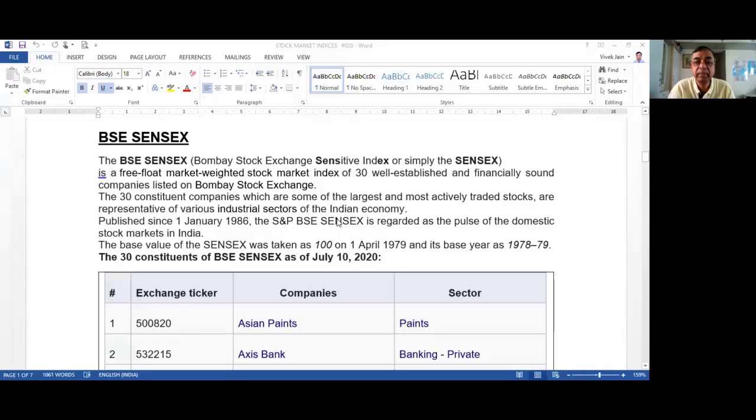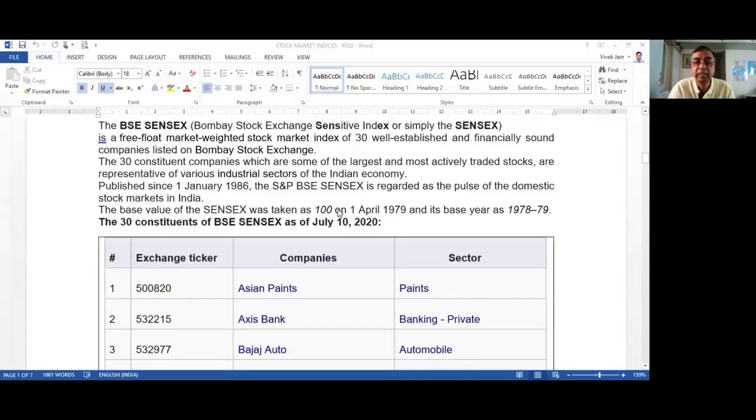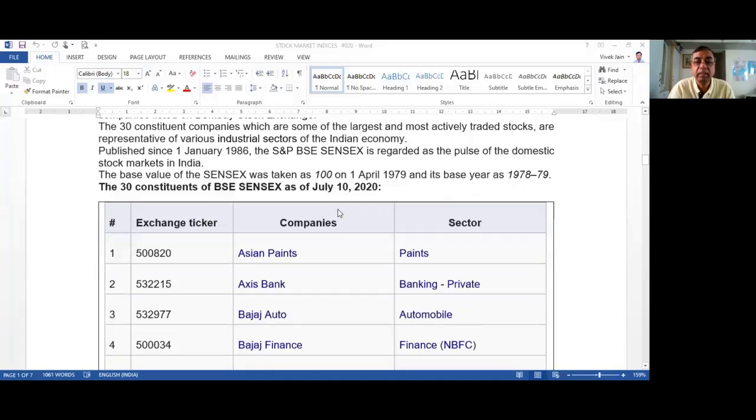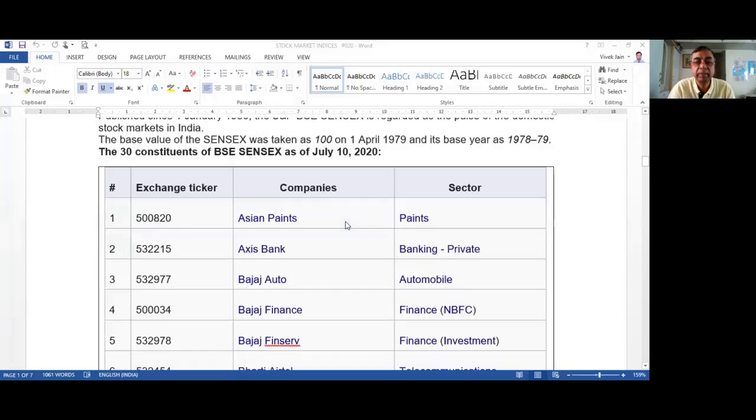The 30 constituent companies are some of the largest and most actively traded stocks, and they represent various industrial sectors of the Indian economy. It was published on 1st of January 1986. The benchmark of the index was taken as on 1st April 1979 to be 100, which is also the base year.